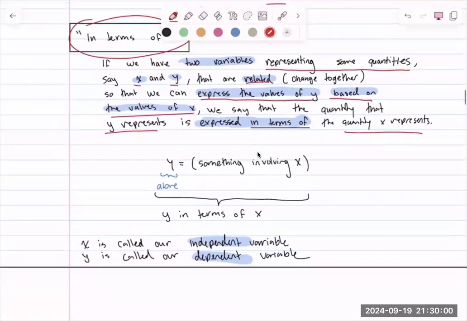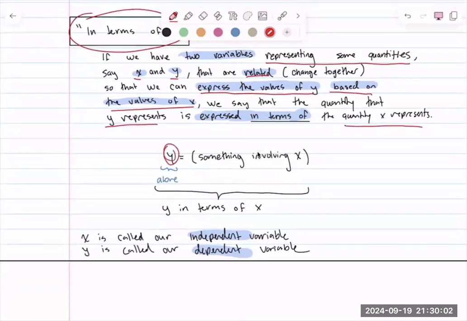And so for an example here, the quantity y is alone because it's represented in terms of x. So here could be something in terms of x. Let's say y equals 4x plus 3. We could have y equals x, honestly. We could have y equals x squared minus 3x.